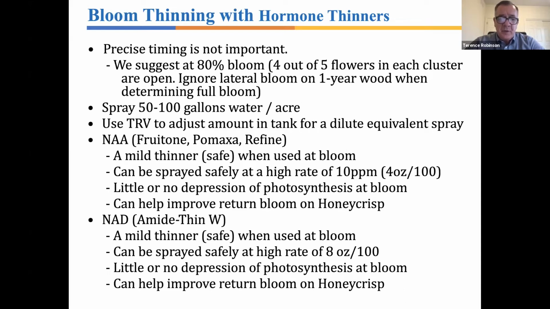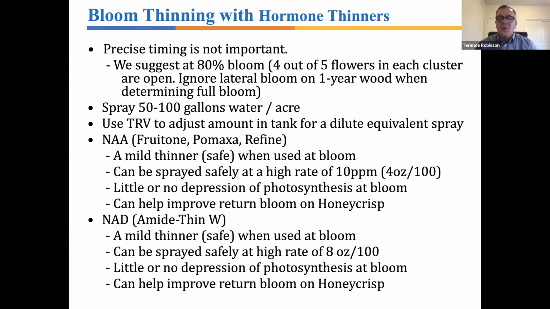The strict definition of full bloom is 80% of the blossoms, meaning 4 out of every 5 flowers in every cluster, are open. That's ignoring the lateral bloom on 1-year wood when you determine full bloom. So when 80% of all the flowers on the spurs are open, that is full bloom, and that's when we would suggest you spray the hormone type thinners.